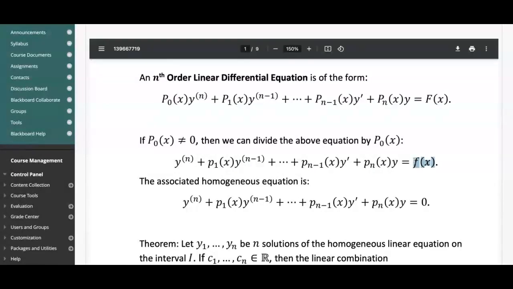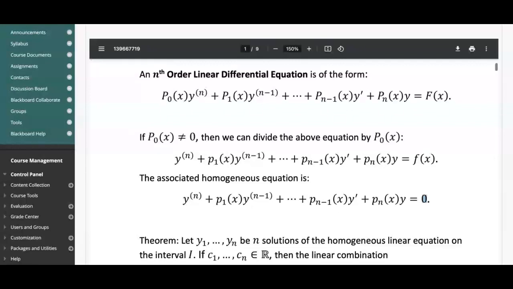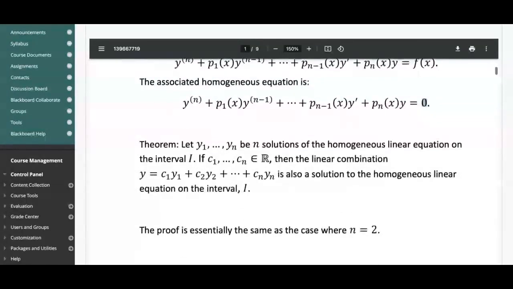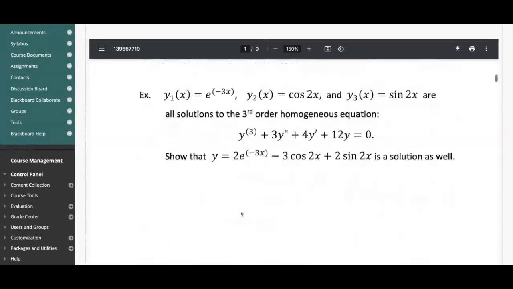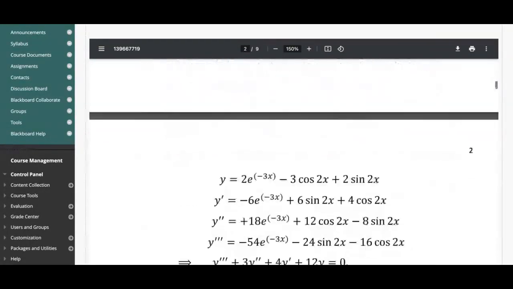Then if this f of x equals 0, which means we do not have a function of x all by itself in the equation, we get a homogeneous equation, which is nice to deal with, because we can find solutions to it. Because this is a higher order, the nth order, how do we deal with it?